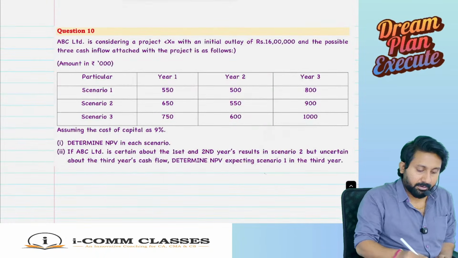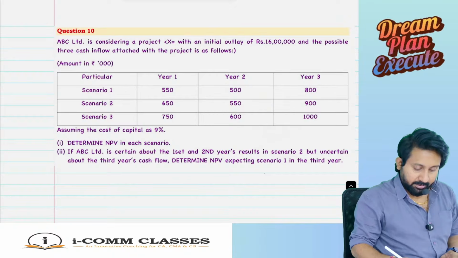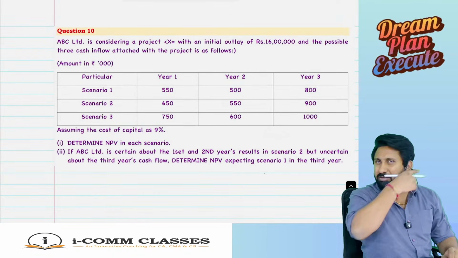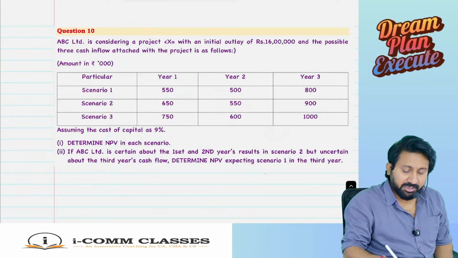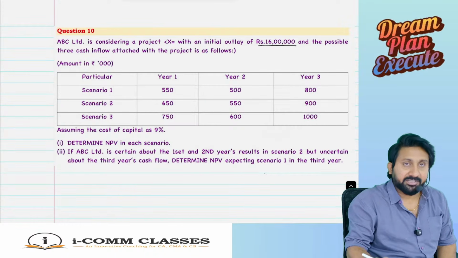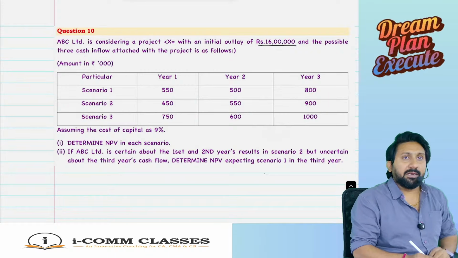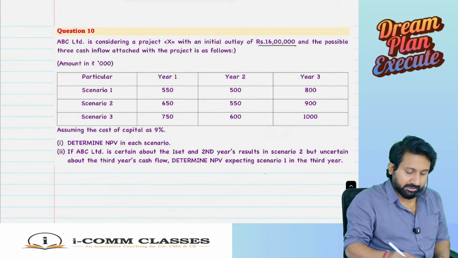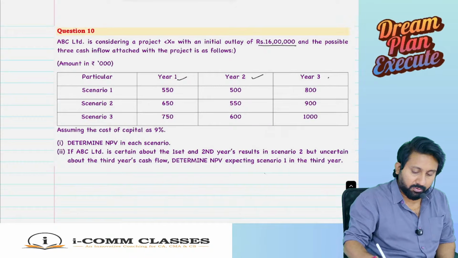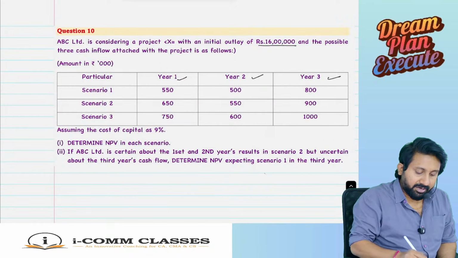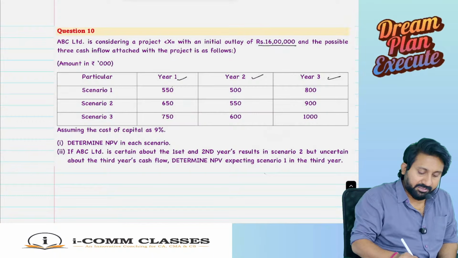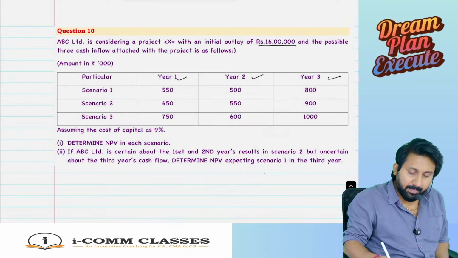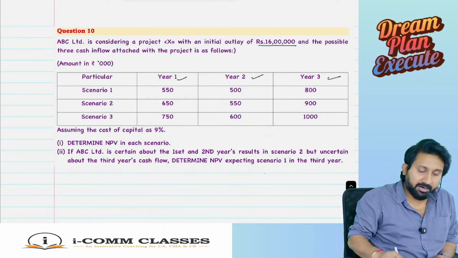ABC Limited is considering a project with an initial outlay of rupees 16 lakh, and the possible three-year cash flows associated with the project are as follows: year 1, year 2 and year 3. Three different scenarios are given. Scenario 1: 550, 500, 800.